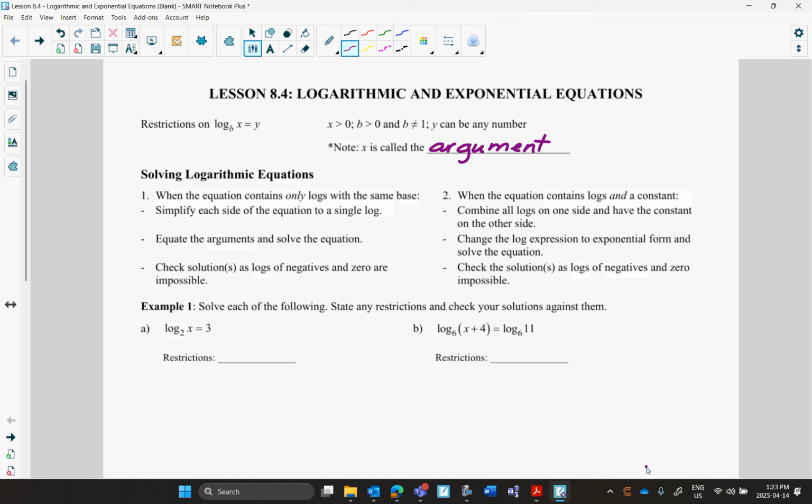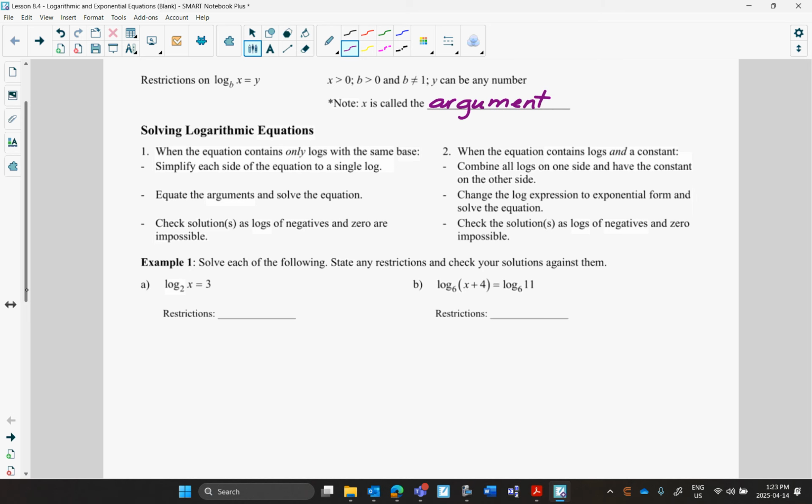So we've got two situations with log equations here, and here's an example of each. We've got equations where only logs appear with the same base.